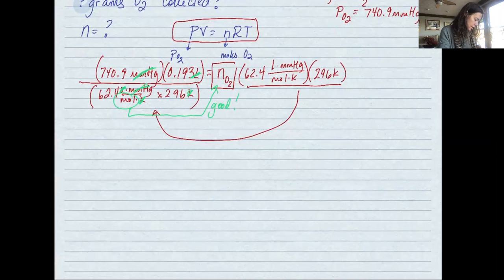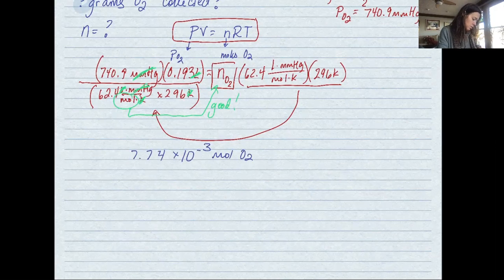740.9 times 0.193, divided by parentheses, 62.4 times 296, close parentheses, equals, whoa, a very small number of moles of oxygen. So small, I'll try it again to make sure that I didn't make a mistake, because I got 7.74 times 10 to the negative third moles of oxygen.